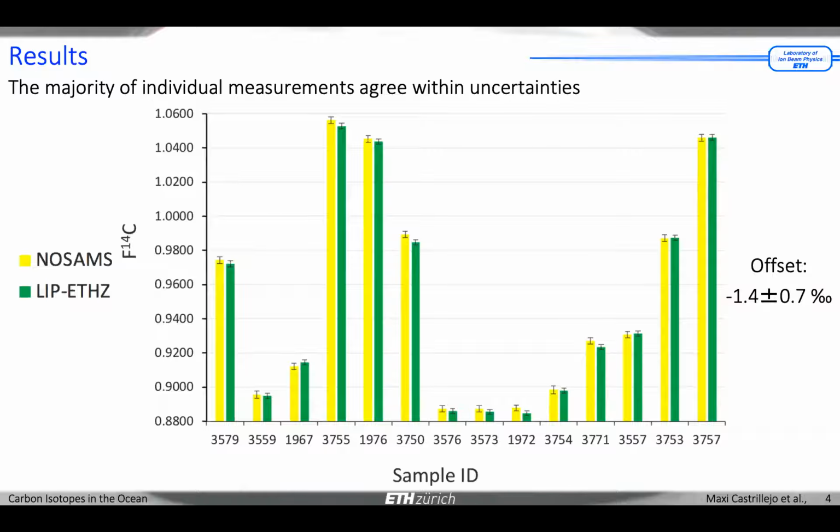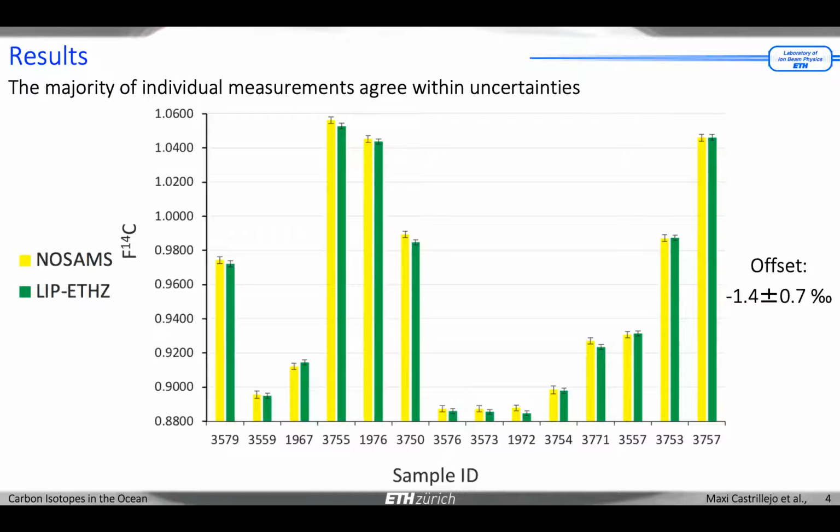So we have 14 replicates. The yellow bars represent the results reported by NOSAMS. The green ones represent the results from the Laboratory of Ion Beam Physics. And we were very happy to see that the majority of the individual measurements agreed within uncertainties. Nonetheless, there seems to be a small offset.